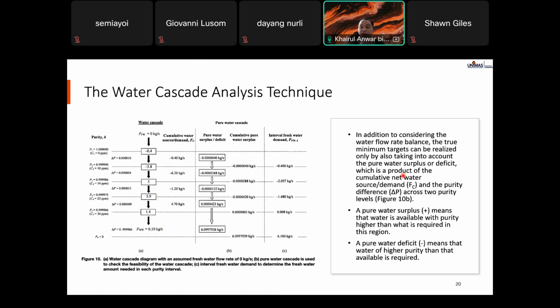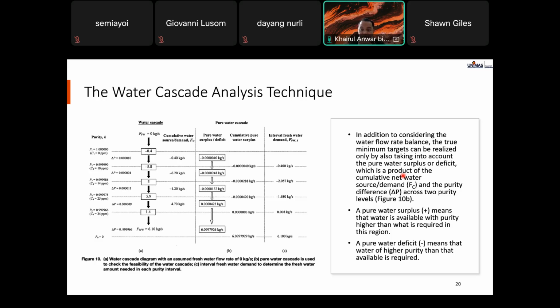In addition to considering the water flow rate balance, the true minimum target can be realized only by also taking into account the pure water surplus or deficit, which is the product of the cumulative net water source or demand FC and the purity difference delta P across two purity levels, figure 10b.